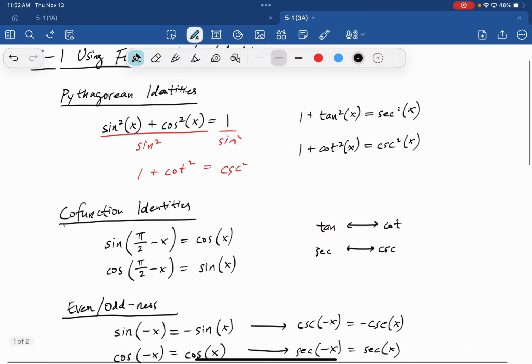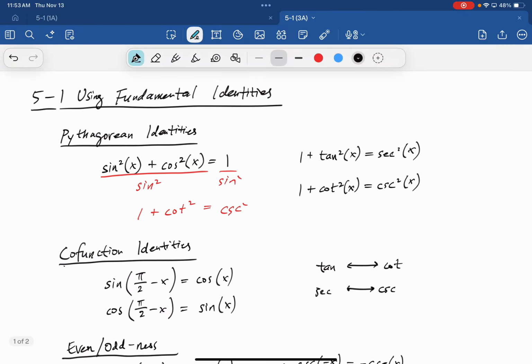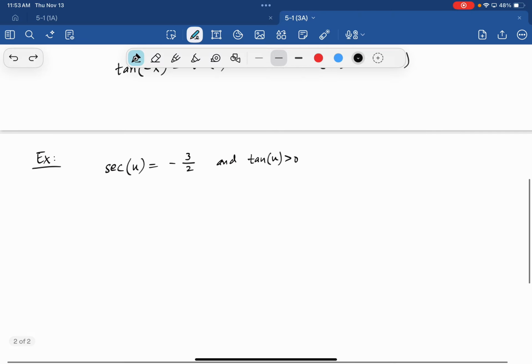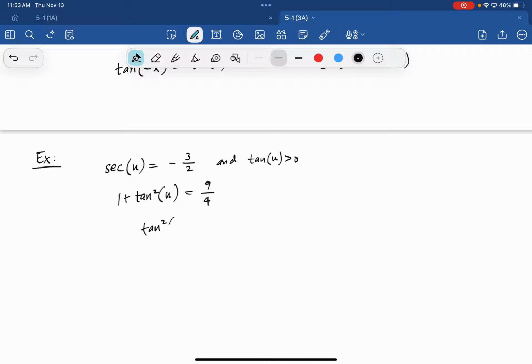And if we look back and think with our minds, then we can clearly see that the equation we should use is 1 plus tangent squared equals secant squared. So if we wrote that, then we would find that 1 plus tangent squared of u is equal to secant squared, which is 9/4, right? 3/2 squared is 9/4. And so that would tell us that tangent squared equals 5/4.